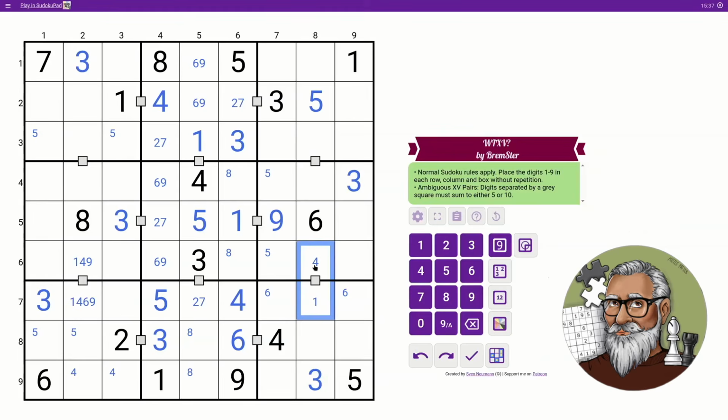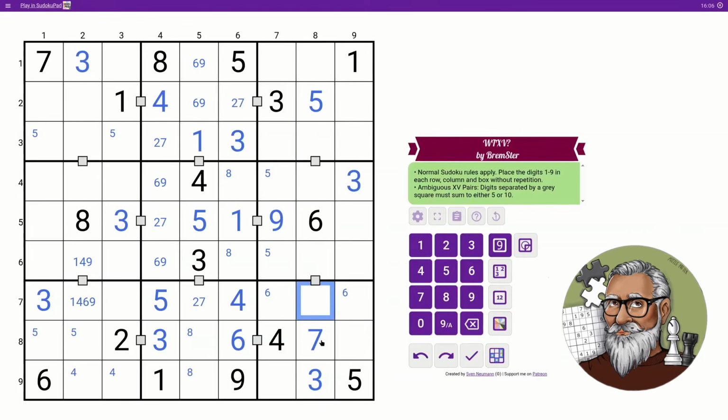Hold on. It is interesting, but only because it led me to look at the 7, because we can't have 3, 7 in any of these, right? So we can't have 7 here, and we can't have 7 in this cell either, because we already have a 7. So where is 7 in, again, column 8? It's there. It's there, right?